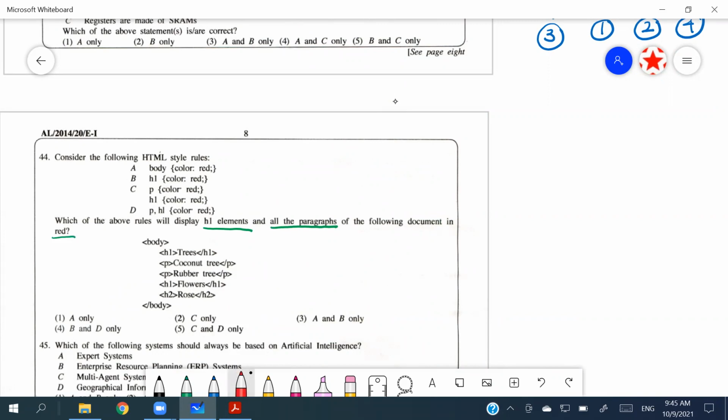So that means you have to write CSS either for H1 separately and paragraphs separately, then make color colon red on each component, or we can group the statements, right? So we can take D as the correct answer. This is called the grouping statement, right? So the grouping selectors, P and H1.